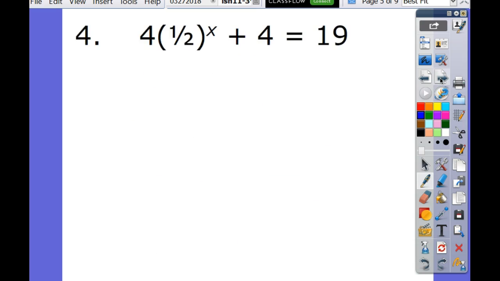We are not going to do all of the examples. We're going to skip to example number 4. The first step is to isolate the base if the base isn't by itself. So what are you going to do with this 4 right there?